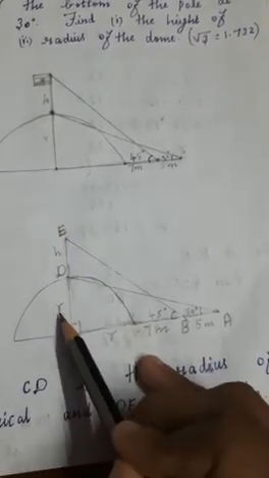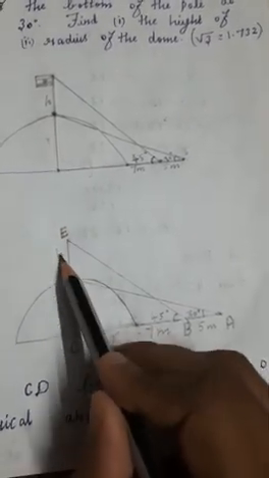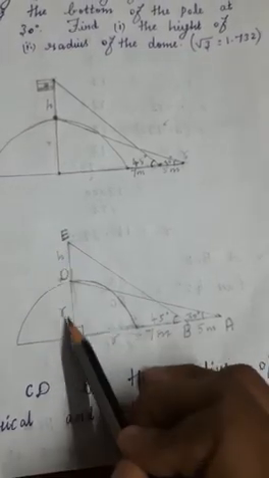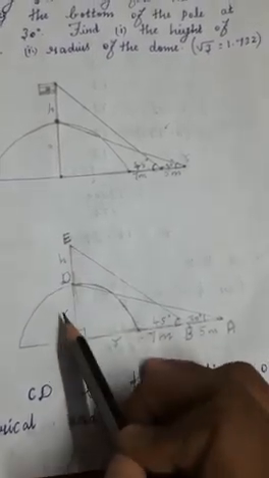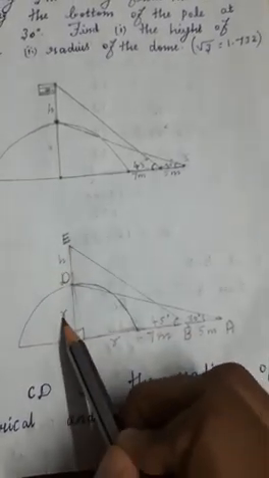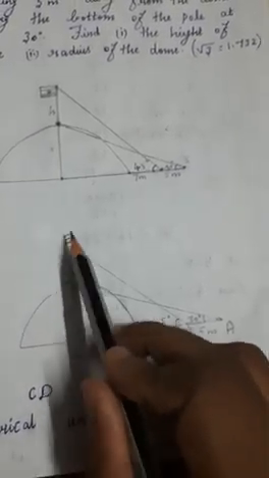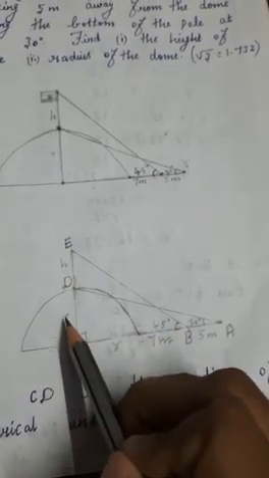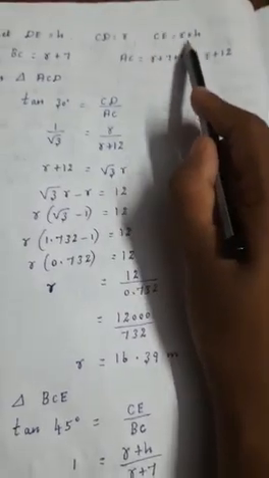This length CD is R, this length DE is height. If you add these two lengths you can get CE, that is R plus height, CD plus DE. So CE length means R plus height. So we can write CE is equal to R plus height.